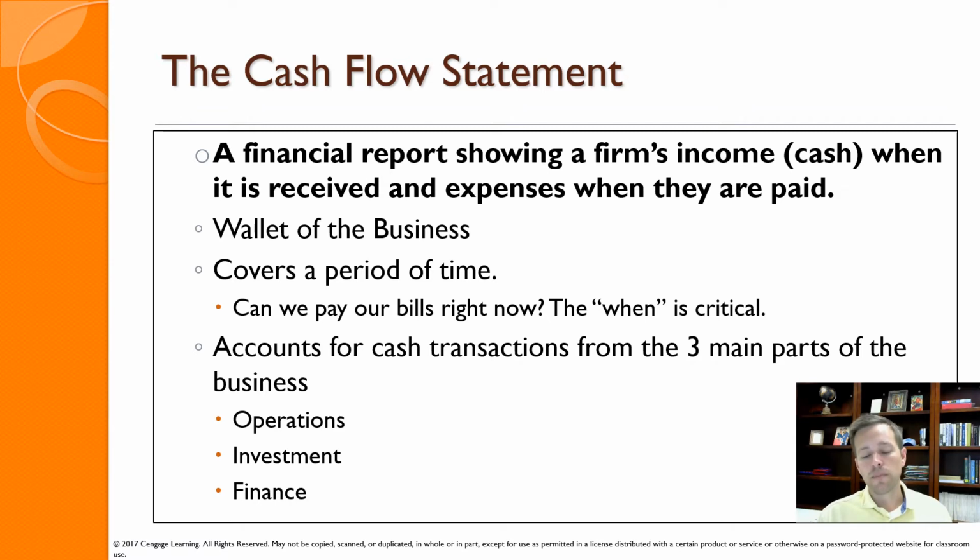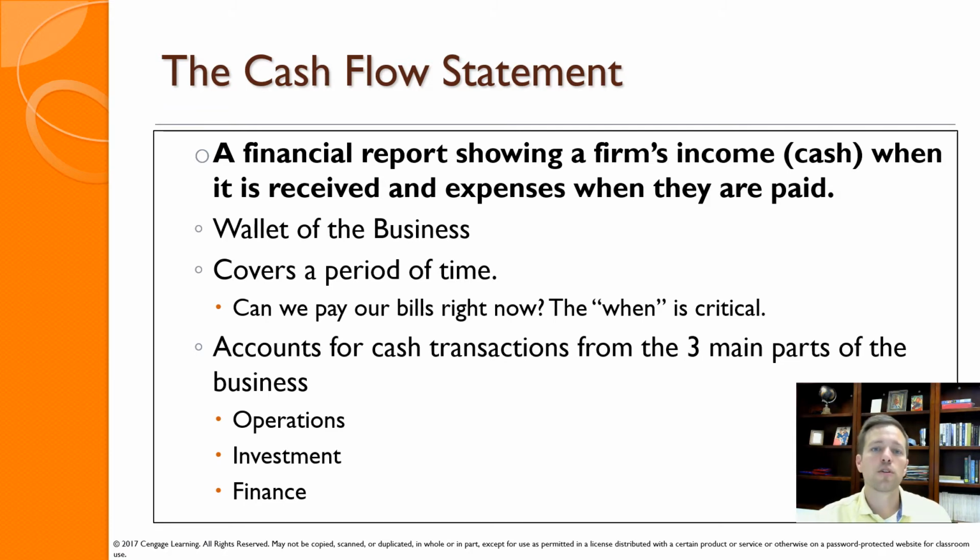And what most cash flow statements are going to do is, because there are so many transactions, they're not going to itemize them all individually, but they're going to pool similar transactions together so that you can see where your money's going in and out. So over a 3-month period of time, you may have 12 categories of transactions, and you're filing the different cash flow transactions into each of those categories.